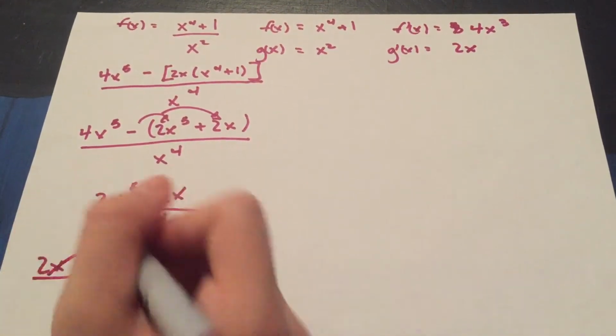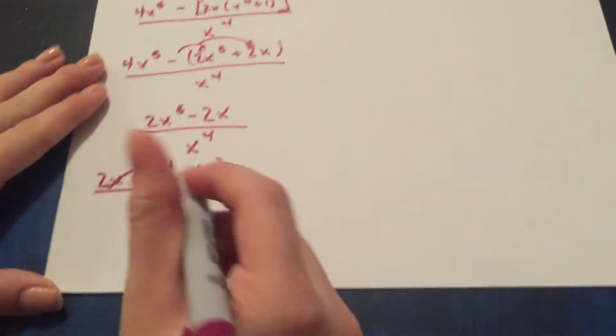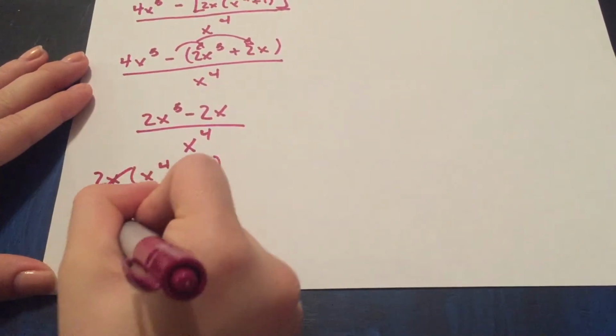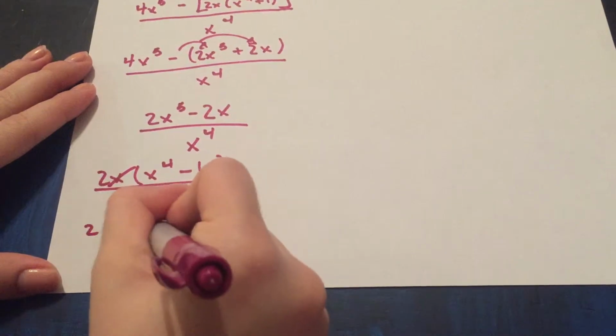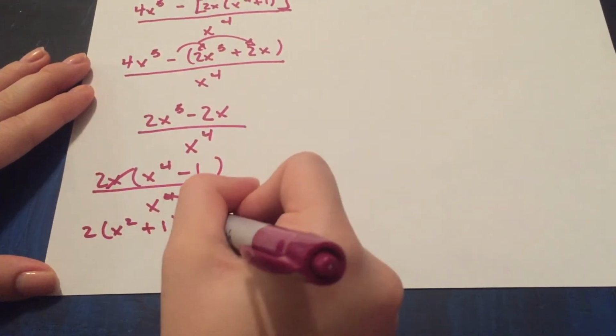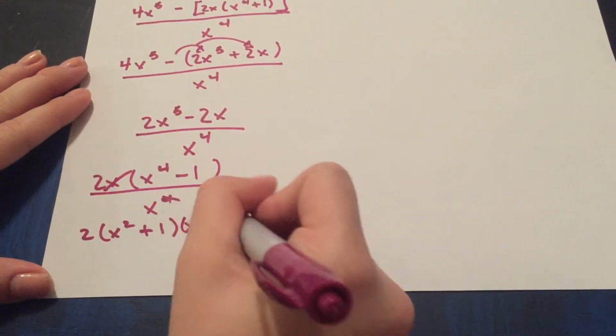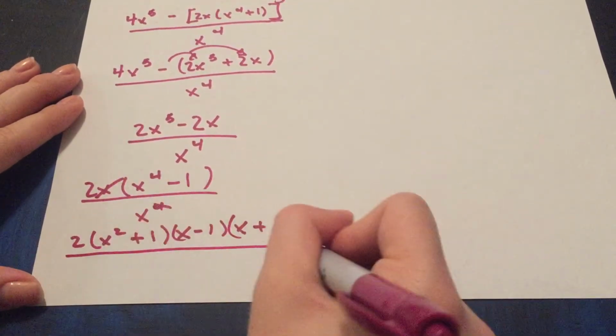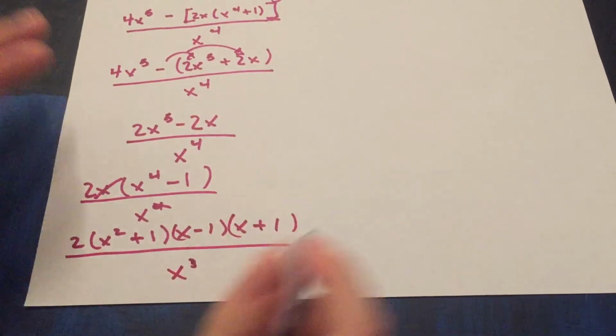One of these x's will cross out. So now we can factor. We're going to have 2x times (x squared plus 1), and then (x minus 1)(x plus 1), all over x to the 3rd.